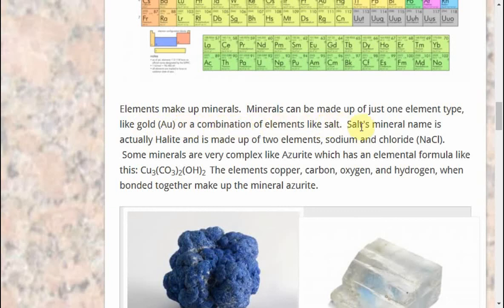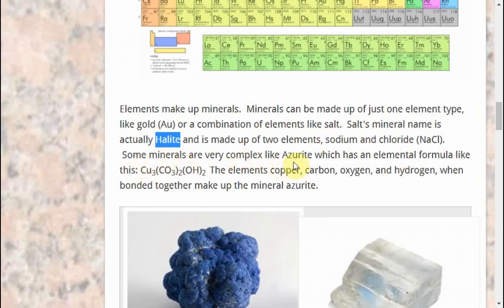For example, salt. Salt's mineral name is actually halite, make sure you know that. That'll be kind of important to remember. And it's made up of 2 different elements. So it's combining sodium and chloride, making NaCl. It's not 1, it's 2. We'll have a discussion about this combination later.